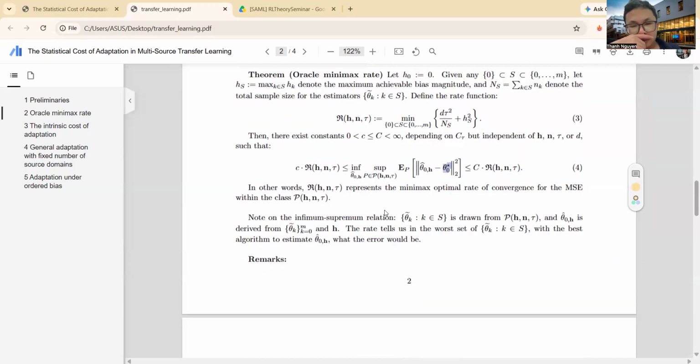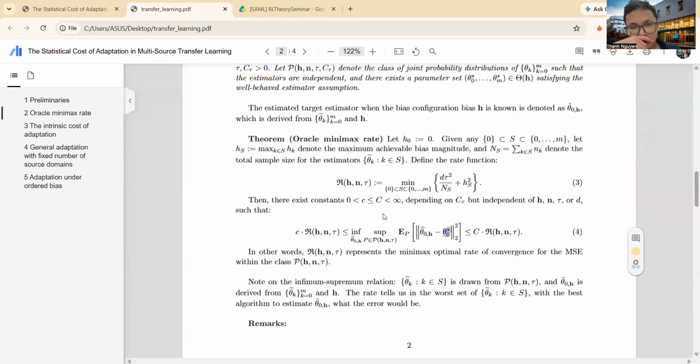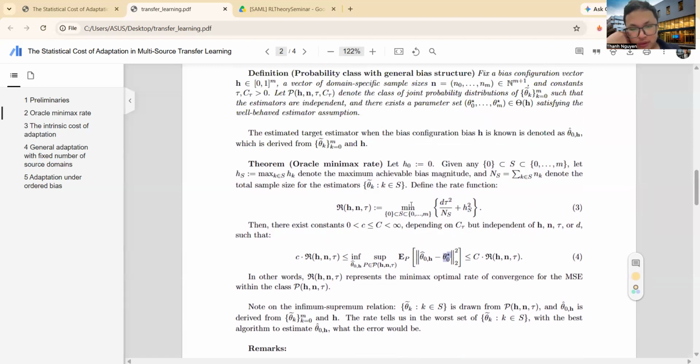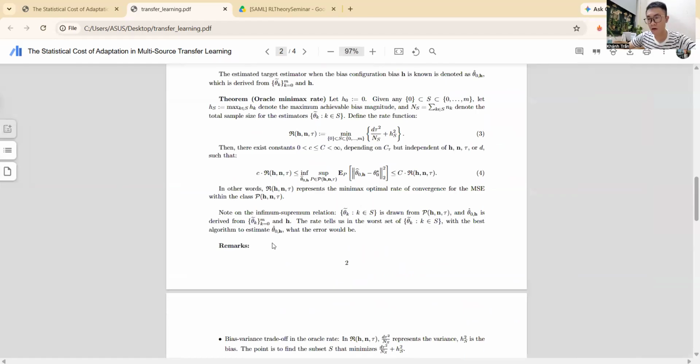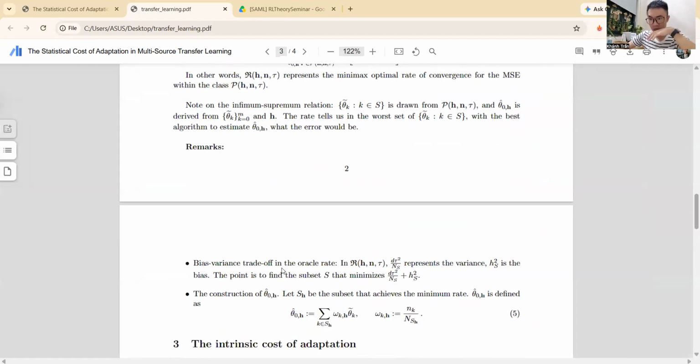Can you explain the rate function again, equation 3, that balances between H_S square, that is the bias, and then what is the first term, d tau square over n_S? I have a note here about the bias-variance trade-off. The d tau square over n_S represents the variance, because tau is the coefficient in the sub-Gaussian. A greater tau means higher variance.